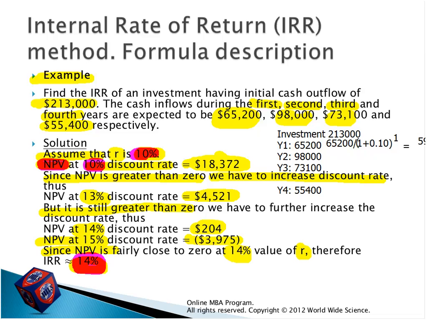Now we are trying to find the present value for the second year. Can you do it on your own? 98,000 divided by 1 plus 10 percent to the power of 2.